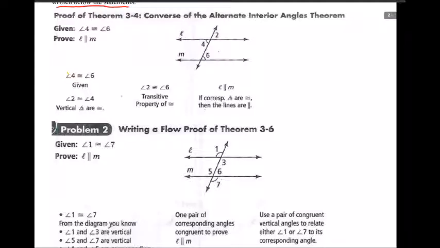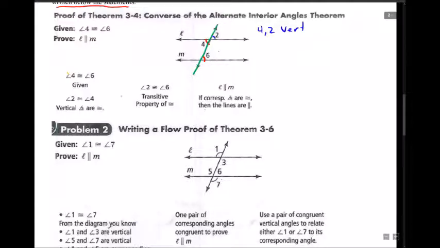So we are given that angle 4 is congruent to angle 6. So we're going to mark them congruent. And I see two lines here cut by a transversal, and I know that the angles have to lie on the transversal. So let's look and see what else we have here. Well, I see angle 4 and angle 2 are vertical angles.